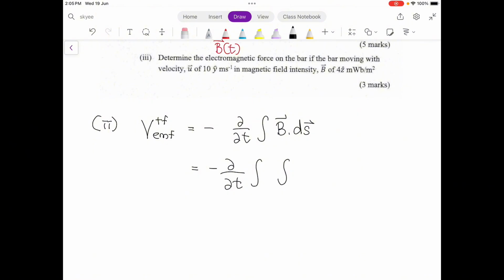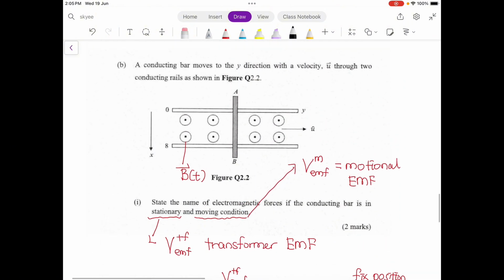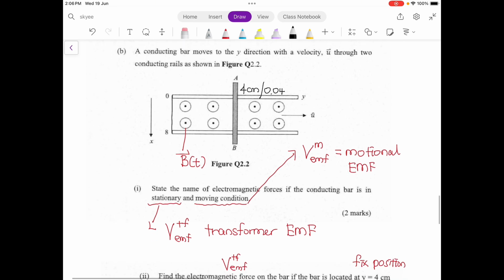Alright, so what information do we have? The bar is located at a position of 4 centimeter. We will assume it is connected, otherwise it can't form the loop. So this one is at the position of 4 centimeter, which means 0.04 meter, and this one is 8 centimeter, 0.08.